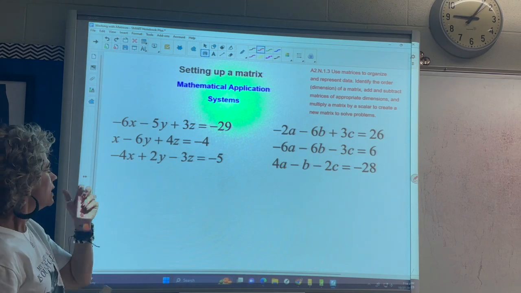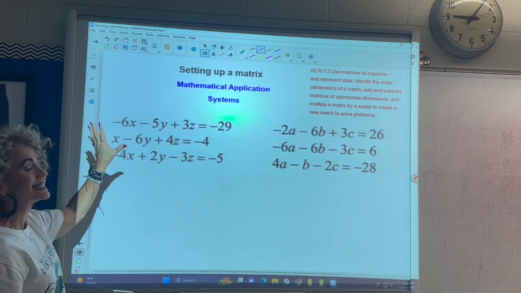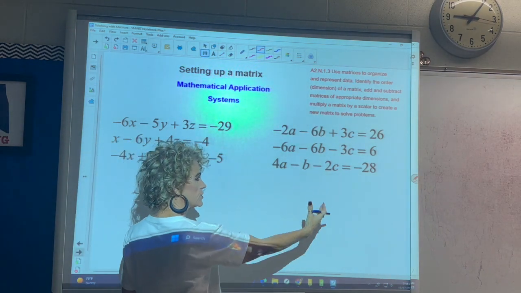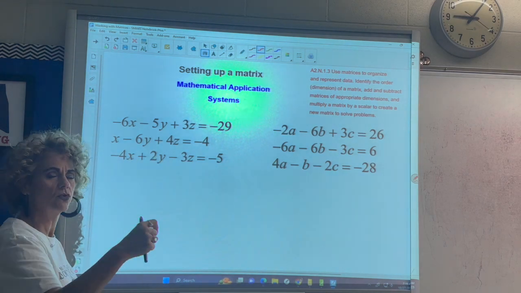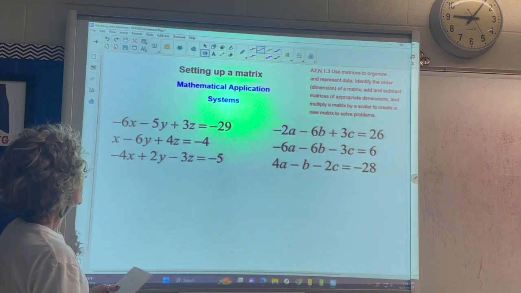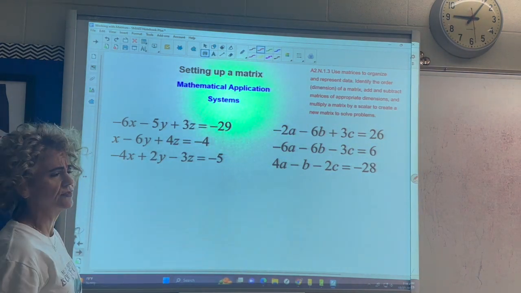So now that we've had these applications, we're going to look at system applications, because that's where we're building to. And again, we are not solving those systems today. We are setting them up. Now, we could say this represented all sorts of stuff.